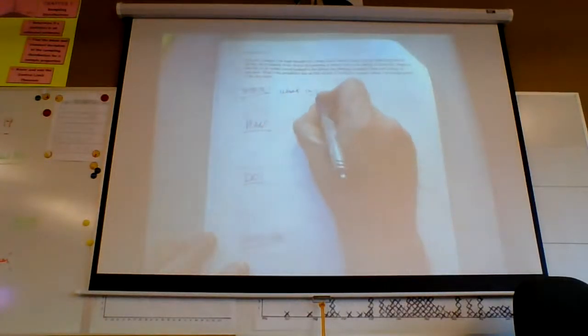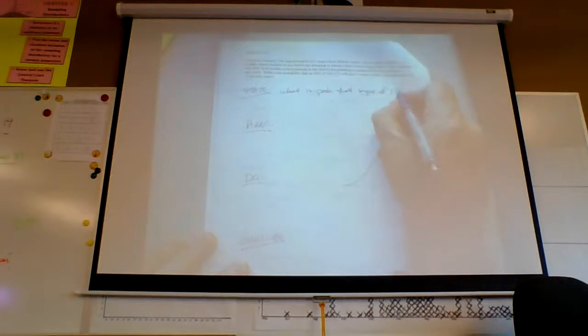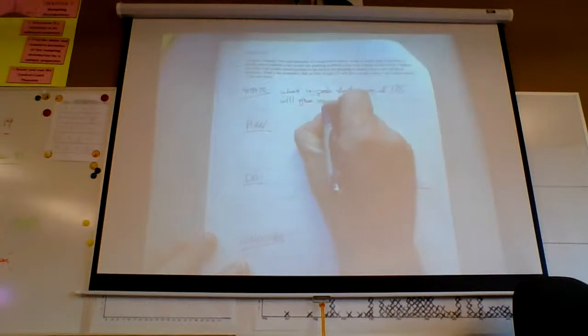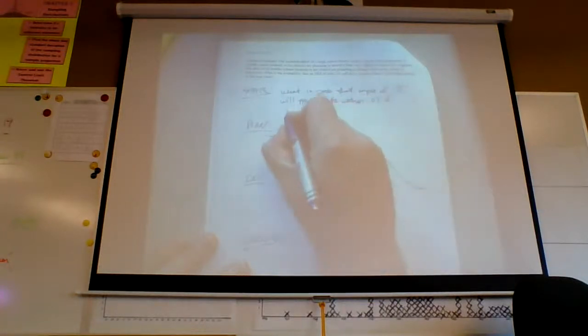What is the probability that a sample of 125 will give results within 0.07 of the true value?